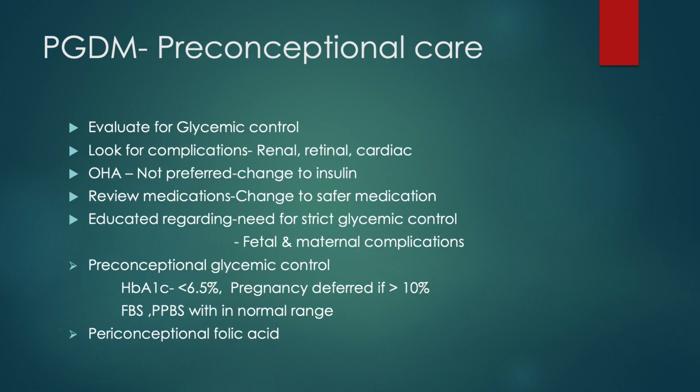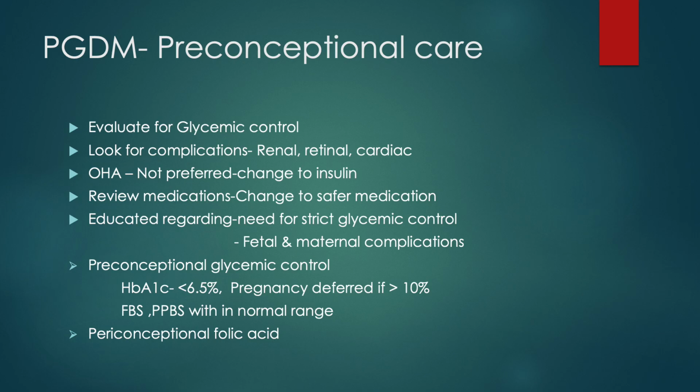In those women who are diabetic even before pregnancy, their obstetric care should begin in the pre-conceptional period, and they need pre-conceptional counseling. During this period, they should be evaluated for glycemic control. If it is uncontrolled, it is better to control it and conceive after that.